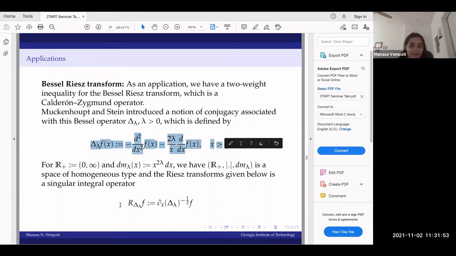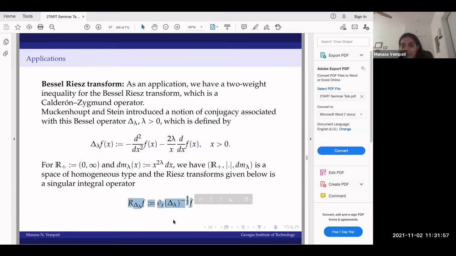And we define our Bessel-Riesz transform as this operator that you see at the bottom of the slide. And this operator is a singular integral operator on the space of homogeneous type given by R plus, that is the upper part of the real line, with the traditional metric on R, and the doubling measure that we take on this space of homogeneous type is given by d lambda of x, which is equal to x to the power of 2 lambda dx.